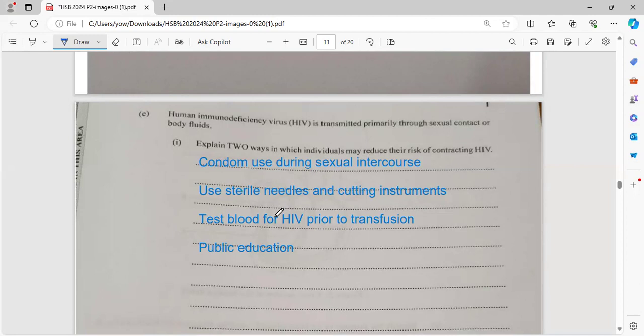Test blood prior to transfusion. If somebody is donating blood to you, make sure you test that blood before you take it into your body. And public education, just telling people how they can contract the disease, so they will know how to better prepare themselves and what to do to prevent getting the disease. So any two of these ways, you would be good.